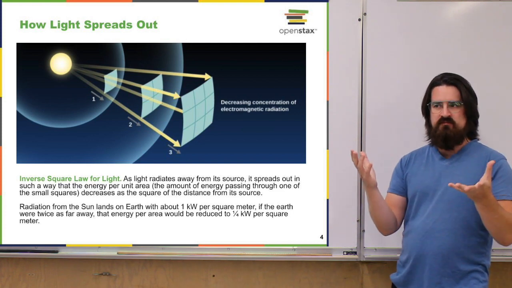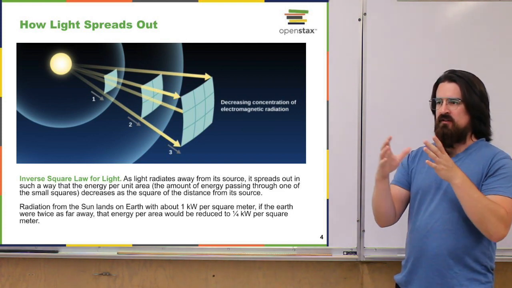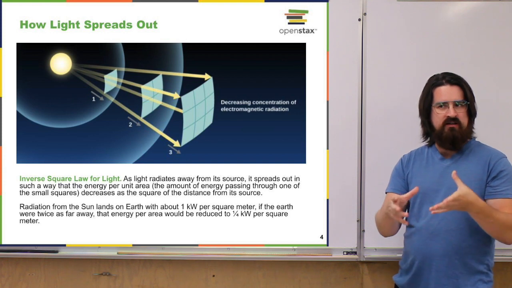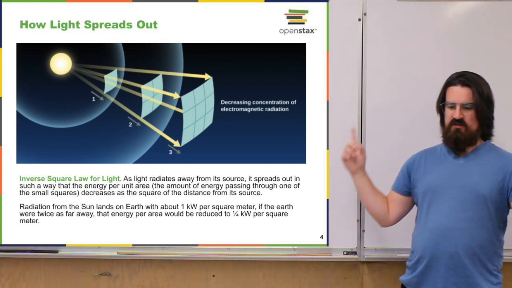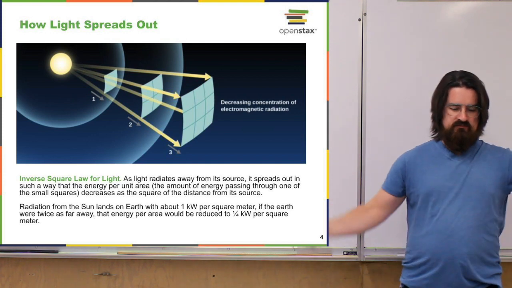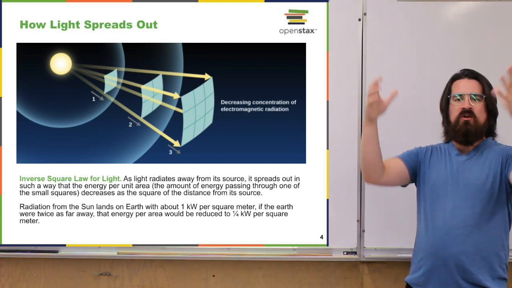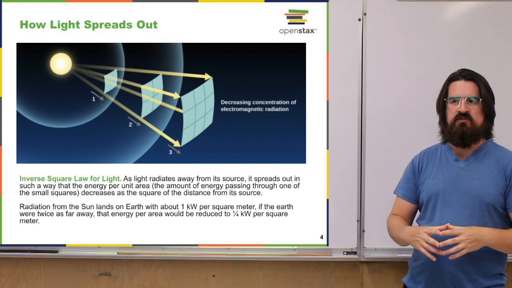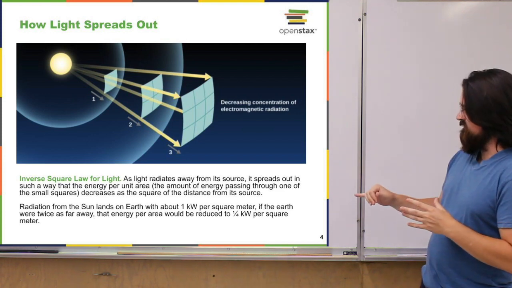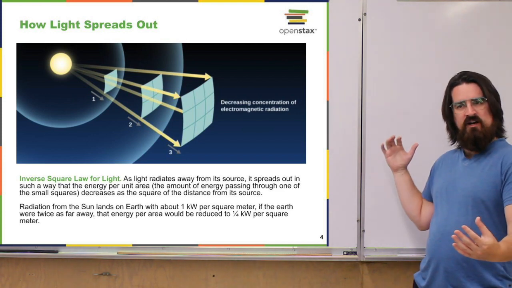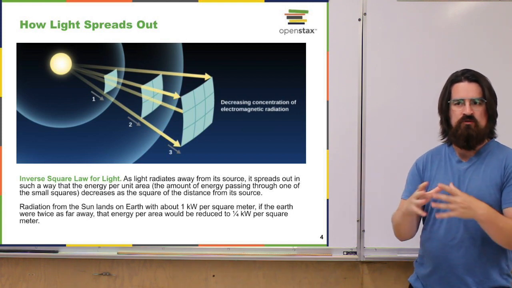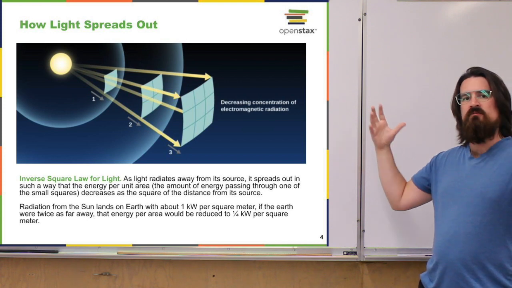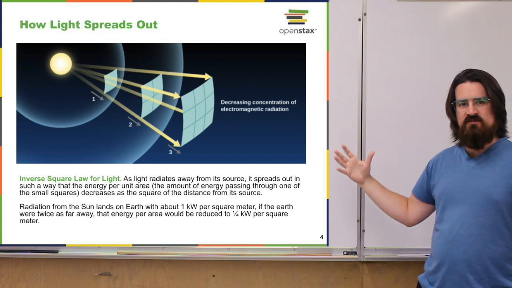To illustrate this point, if you think about the radiation that lands on the Earth from the sun, it turns out that there's about 1 kilowatt per square meter that lands on the Earth from the sun, something like that. About 1 kilowatt of power is landing on the Earth's surface coming from the sun. If the Earth was twice as far away, then that radiation would have had to spread out over 2 squared, 4, or 4 times the area.